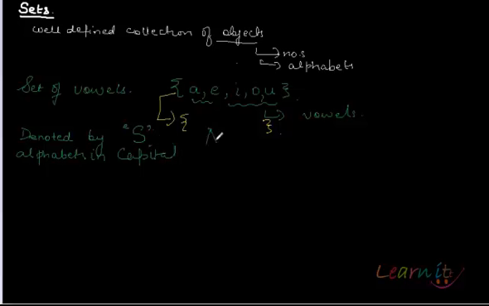Say capital A, capital B. This is for sets. What about members of sets? The members of sets are known as elements, and elements are denoted by lowercase letters like a, b.